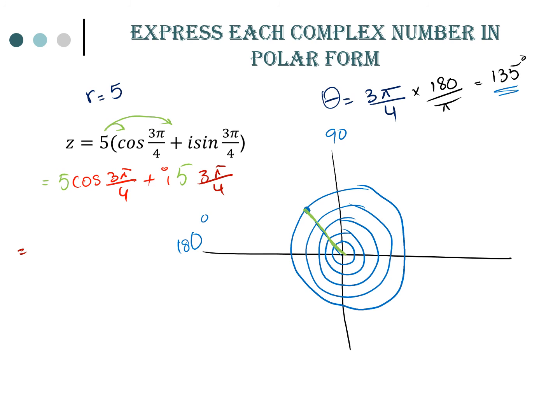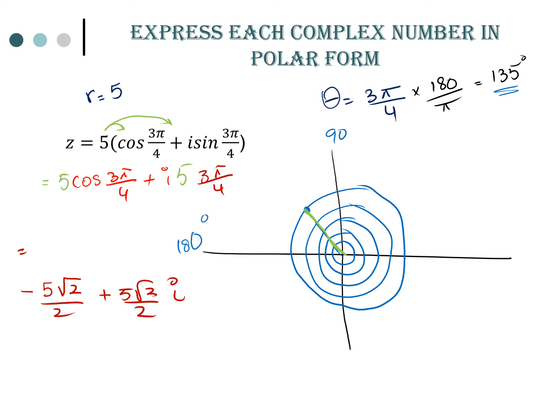Don't forget to close the brackets, and we will get the answer in rectangular form as minus 5 square root 2 over 2 plus 5 square root 2 over 2i. So this is our rectangular form, and I hope that everything is clear.